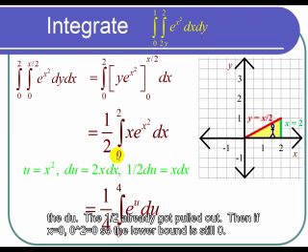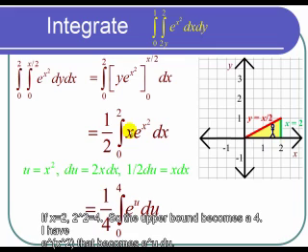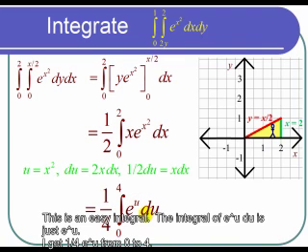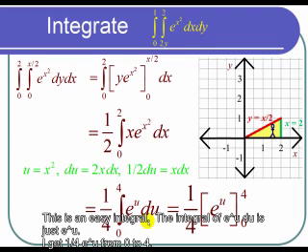And then if x is equal to 0, 0 squared is 0, so the lower bound is still 0. And if x equals 2, 2 squared is 4, so the upper bound becomes a 4. And e to the x squared becomes e to the u, du. And this is an easy integral. The integral of e to the u du is just e to the u.